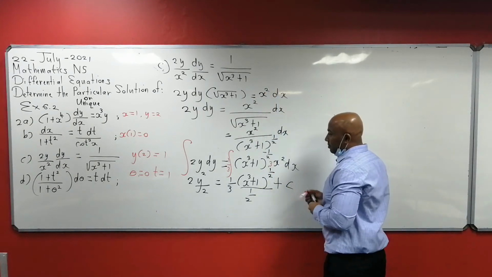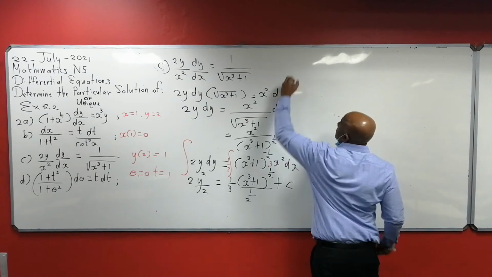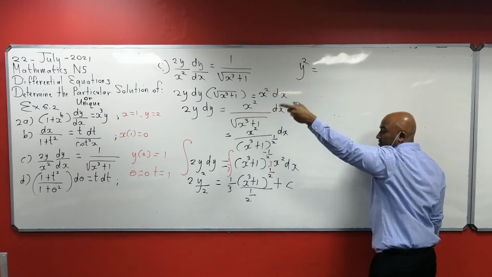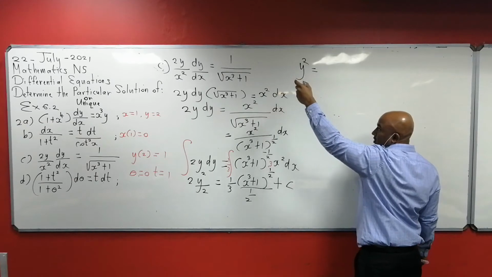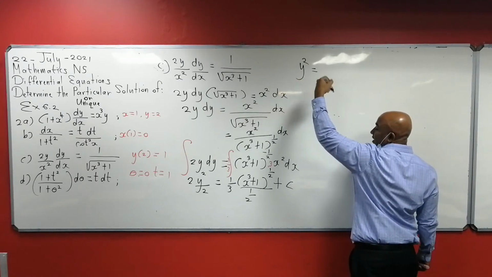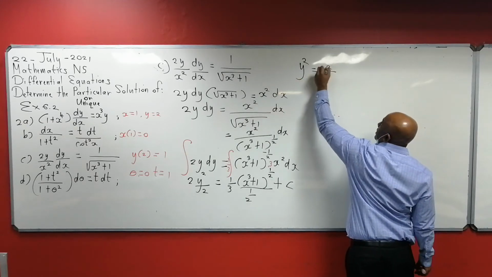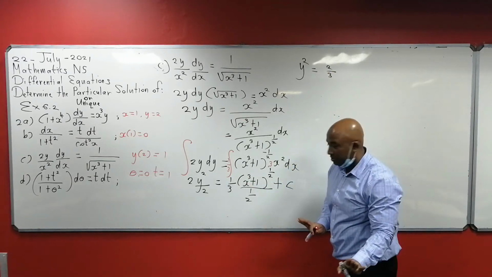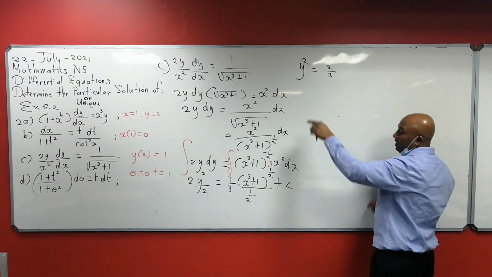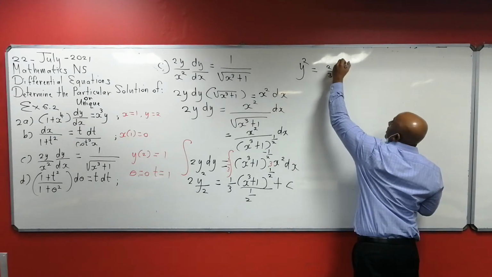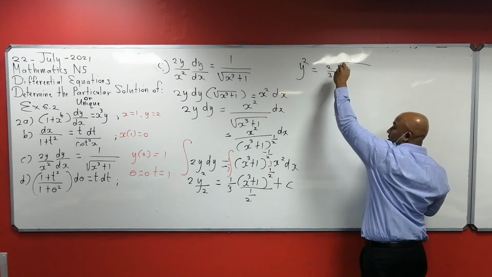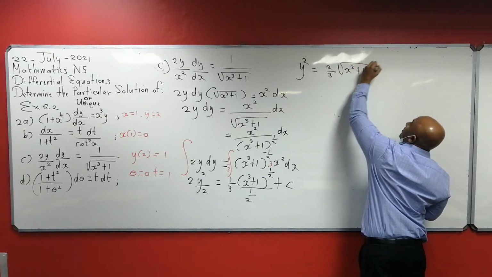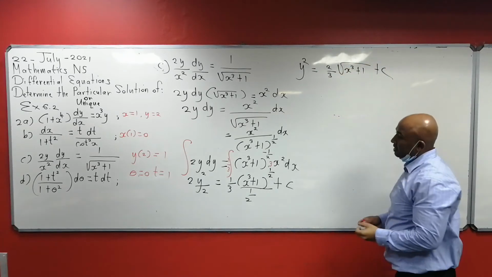So you end up with y squared is equal to 1 over 3 divided by 1 over 2, which is the same as 1 over 3 times 2 over 1, which is going to be 2 over 3. Or if you want to leave it like this here, it's fine. It's up to you. I'm just simplifying it a bit further. And that becomes the square root of x cubed plus 1, plus c.